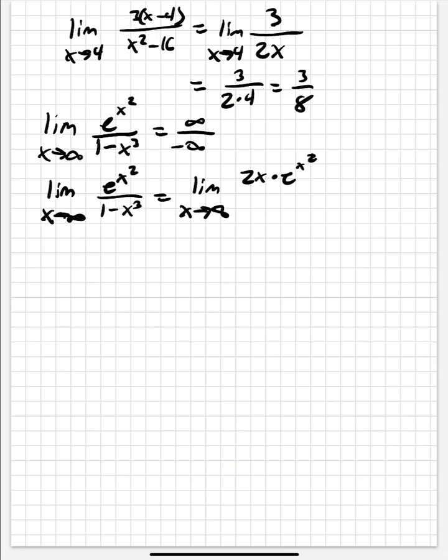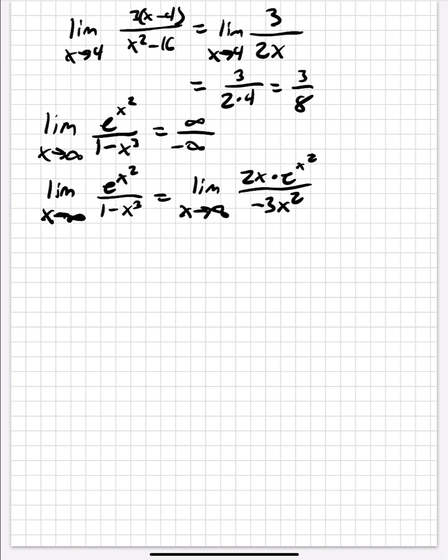Because the derivative of e to the x squared is e to the x squared times the derivative of the power, which is 2x, over the derivative of the bottom, which is negative 3x squared.